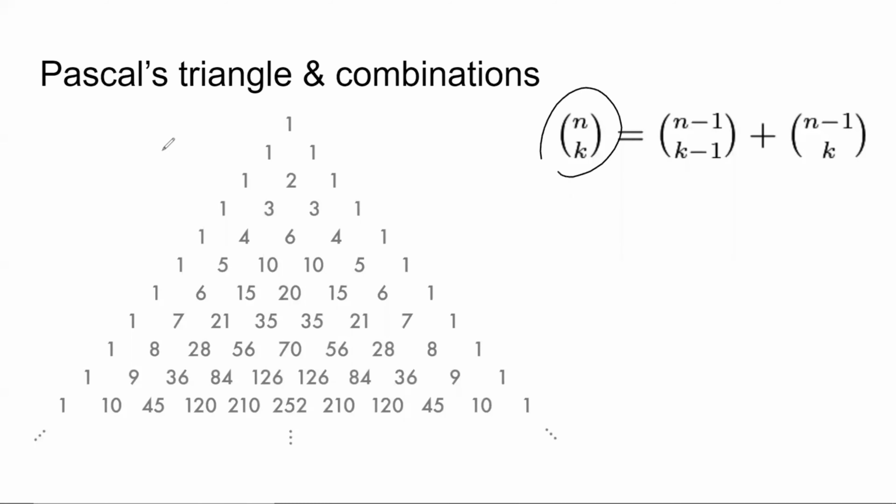So can you find one number in the triangle that's equal to another number in the triangle plus even another number in the triangle?